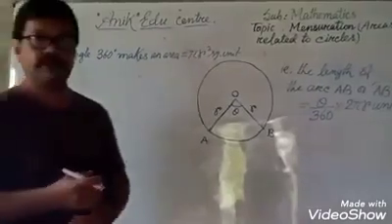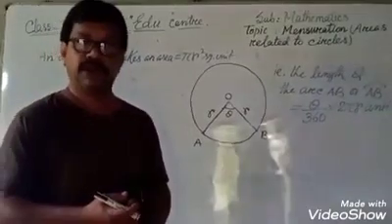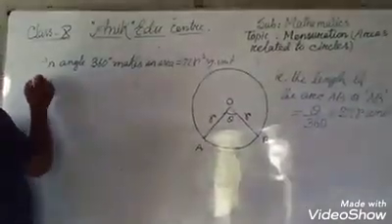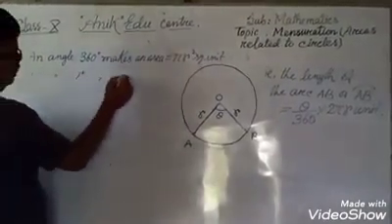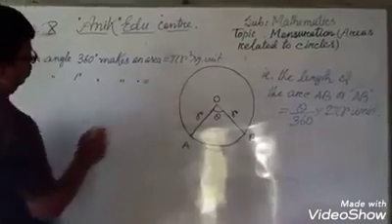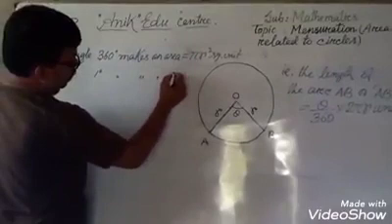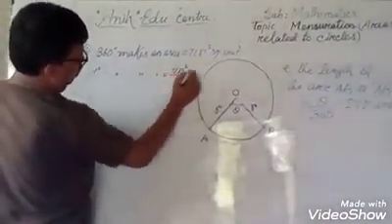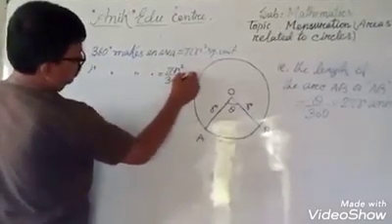As you know, the area of a circle is pi r square unit when its radius is r unit. Now, an angle of 360 degrees makes an area pi r square, so an angle of 1 degree will make an area of pi r square by 360 square unit.